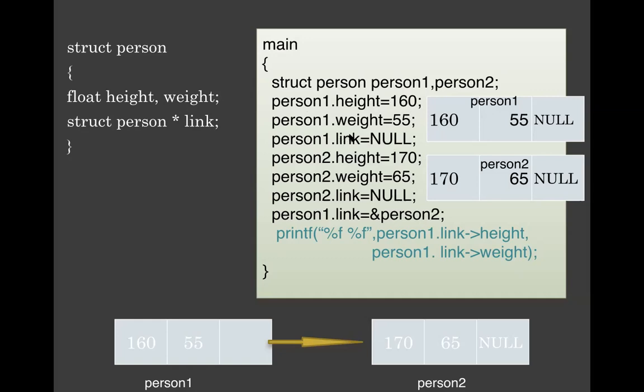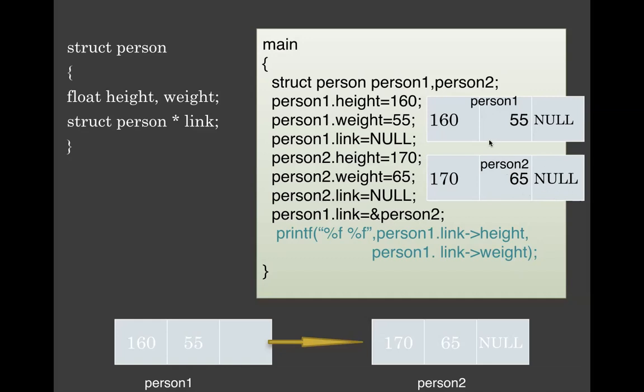That is, this link is right now pointing to nothing. So I've created a structure person 1 with the height 160, the weight 55, and the link null. Similarly, person 2 dot height equal to 170, person 2 dot weight equal to 65, and person 2 dot link equal to null.